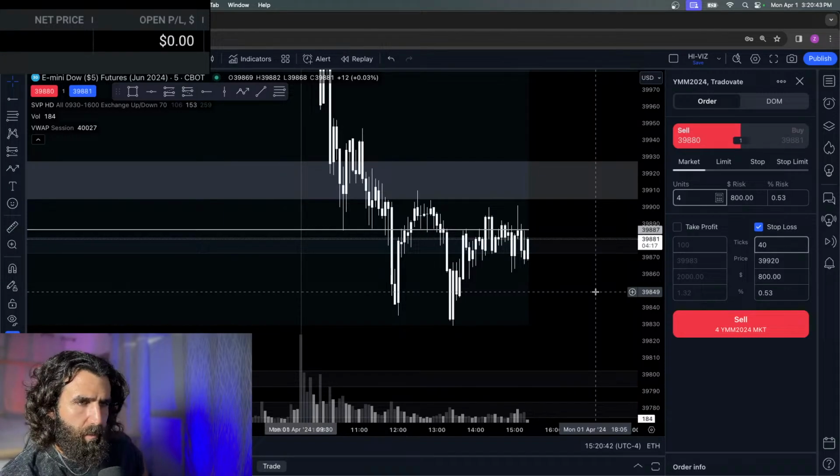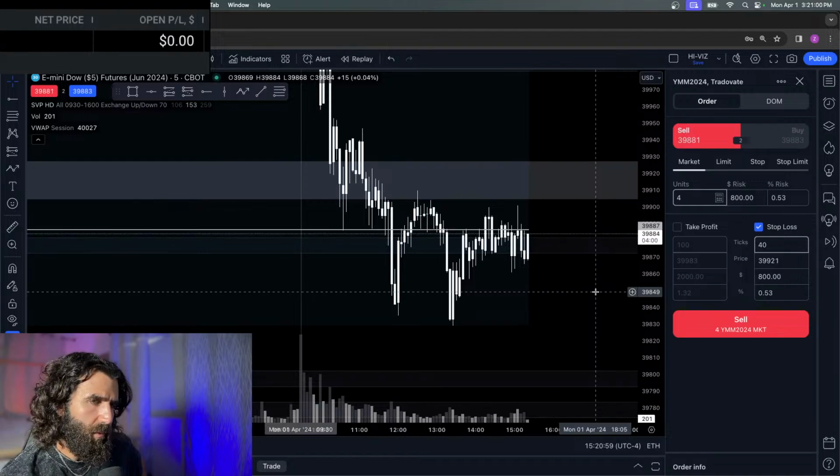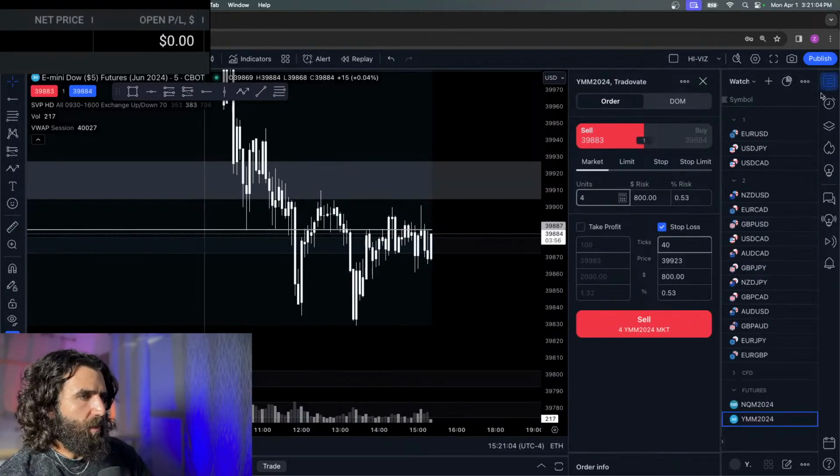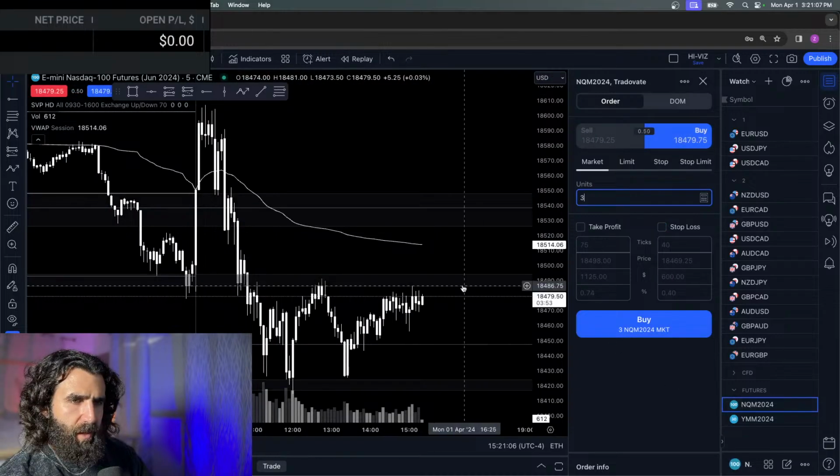If I take something, it's going to be on the breakout, because this is just too much back and forth chop to get caught in. But let's see. Is NASDAQ breaking to the upside yet? Not yet.